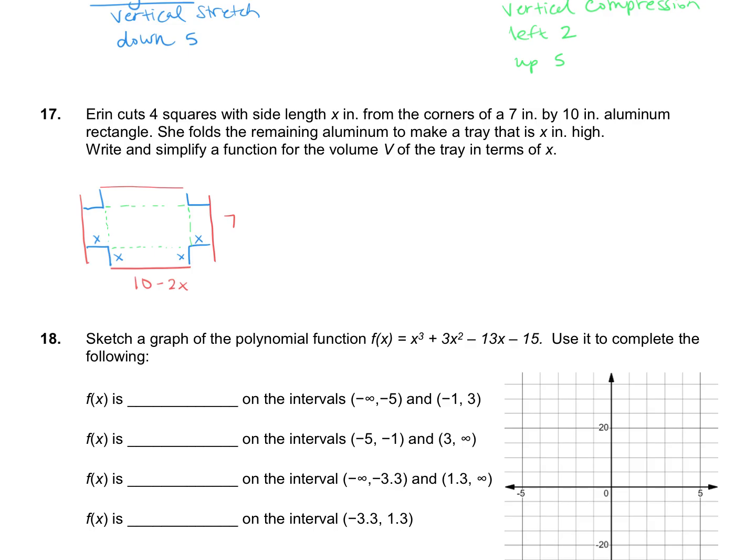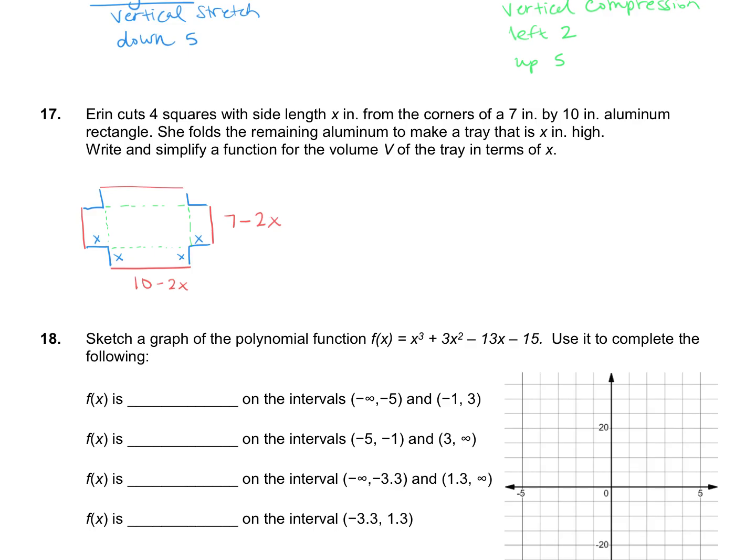Now this is 7 units long, but we are going to remove an x and remove an x because we're removing that x twice. We are taking out 2 x's. And I'll remove them from the other side. And now we can see this is what it would look like if she cut out those corners, and now she's ready to fold those up to form a tray.